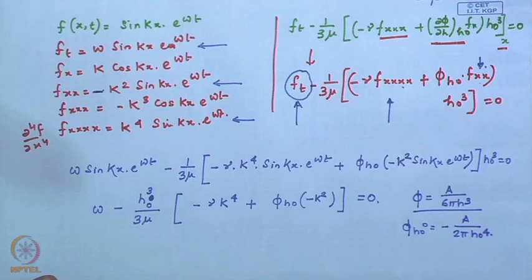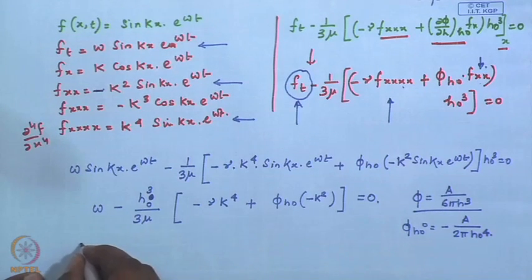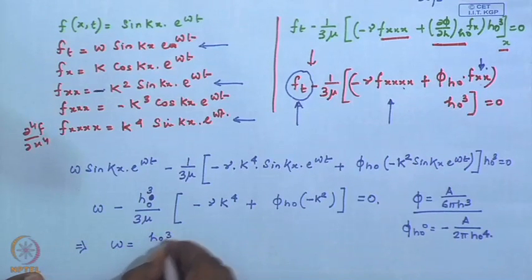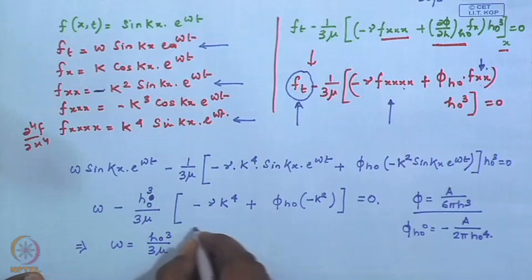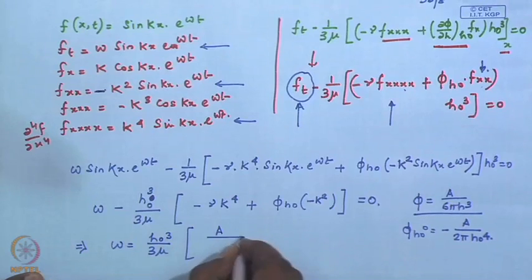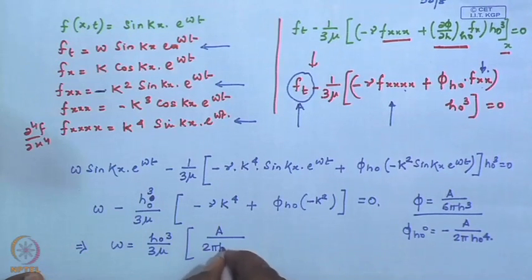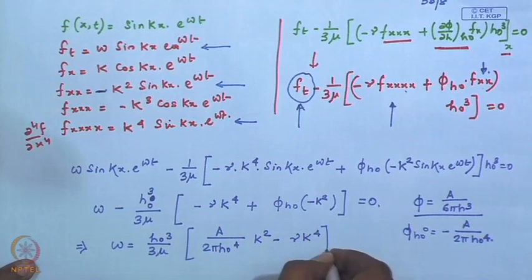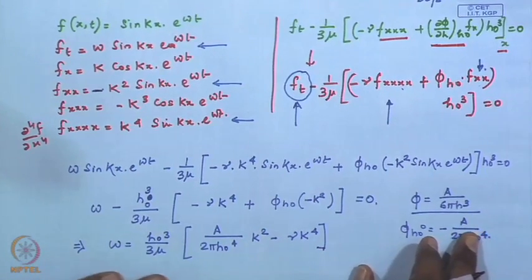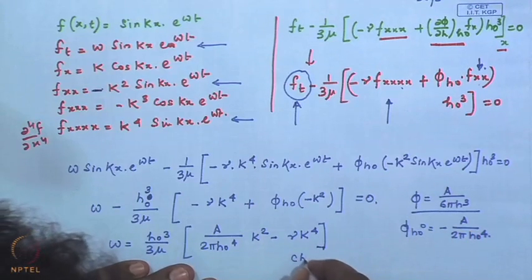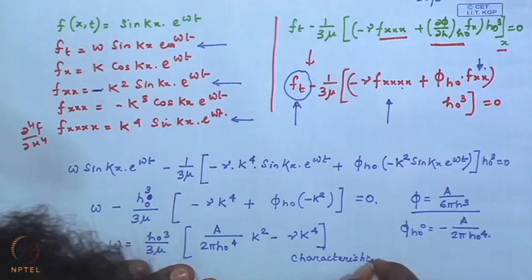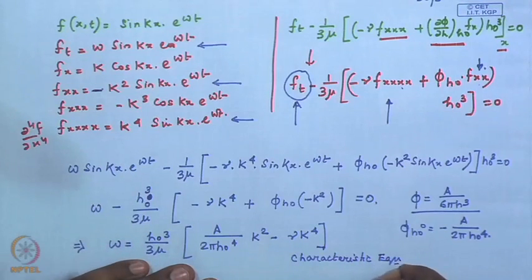If we plug in that expression, what we are left with is ω equal to h 0 cube by 3 μ into A divided by 2π h 0 to the power 4 k square minus γ k to the power 4. Now, this is what is known as the characteristic equation, and this is also very interesting now.